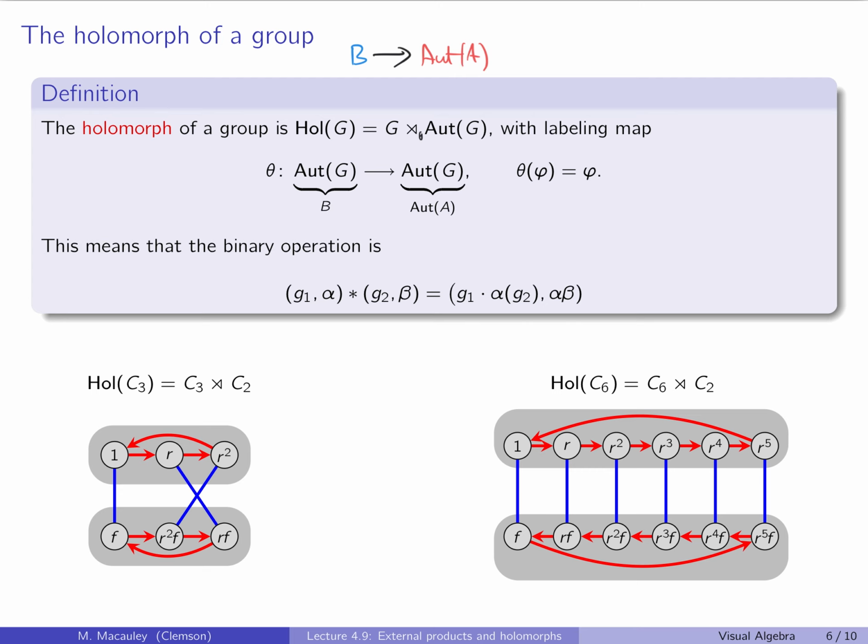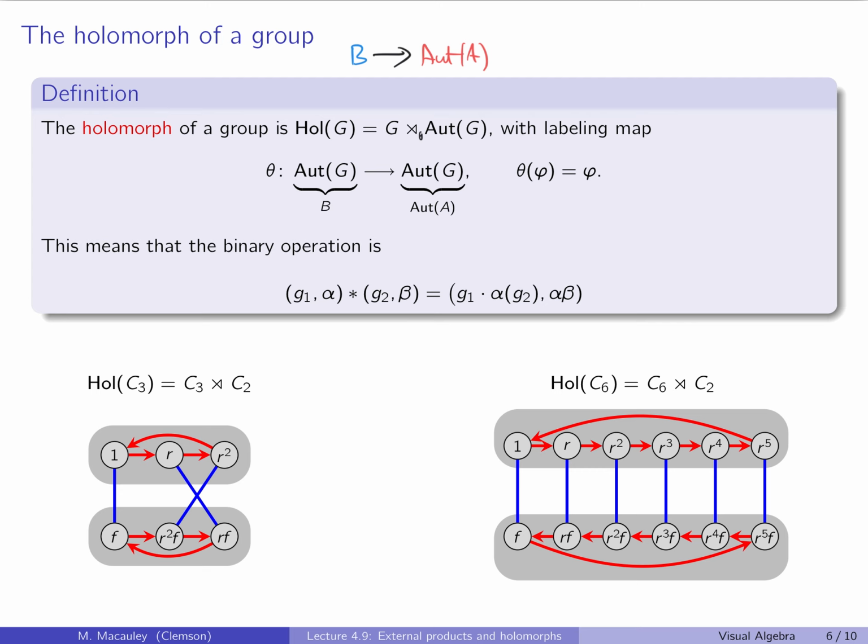But now our B is the automorphism group of G, which is what A is. So there's a natural identity map that just sends some automorphism phi to itself. If that happens, then the binary operation (g1, alpha) star (g2, beta) is just g1 times alpha of g2, comma alpha beta.